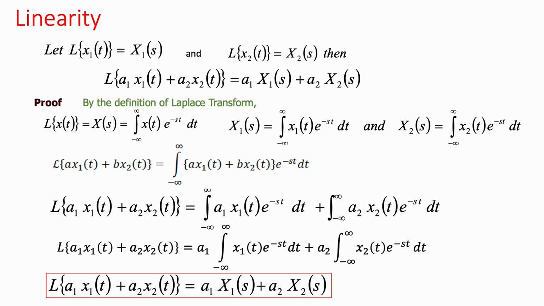Similarly, from the second term, you bring out a2, and the remaining term you have is this one. So a1 stays as it is, and the remaining part is written like this. The integral of x1 of t e power minus st dt is x1 of s, so the whole thing I can replace by x1 of s. Similarly a2 into x2 of s. So hence the property is proved.